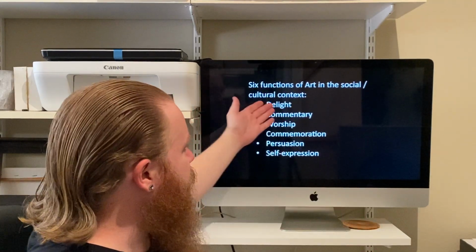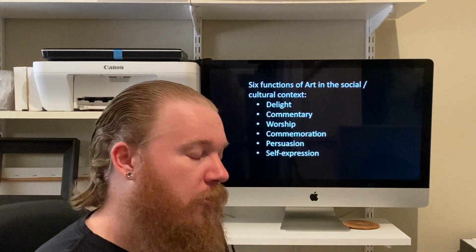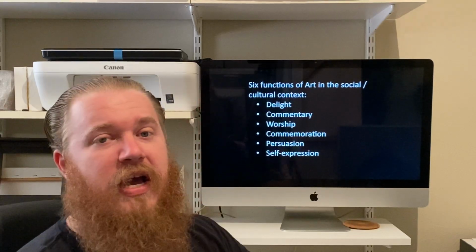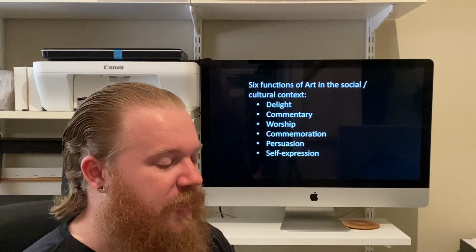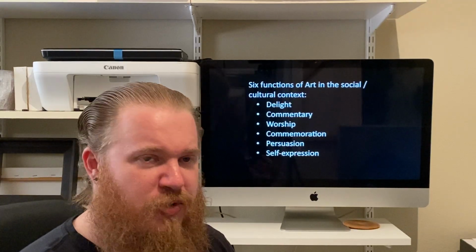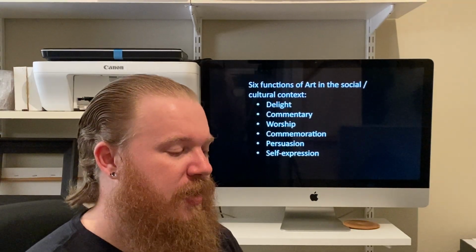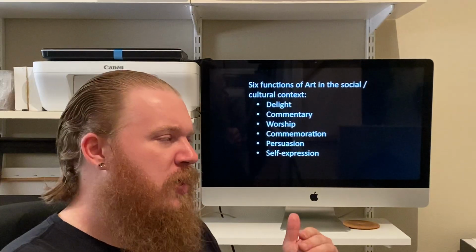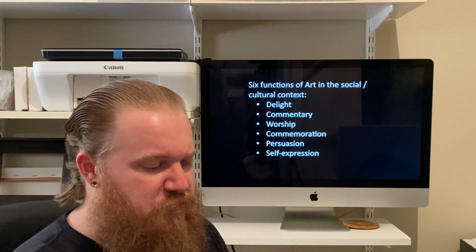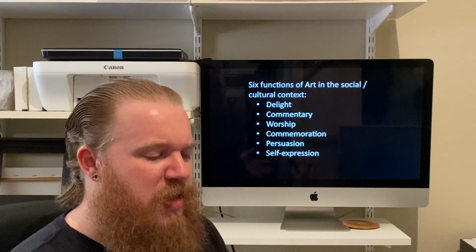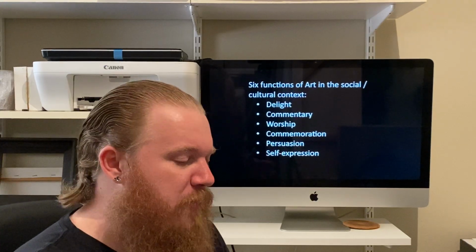So, obviously, one of the major focuses or functions of art is just to be a pleasing object. Think about a painting on a wall, things like that. But it can be used to make comments on different historical attributes or social attributes. It can be used for religious purposes. It can be used to commemorate certain things or people.